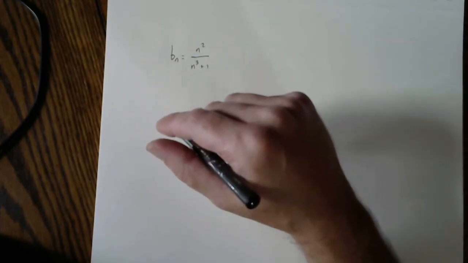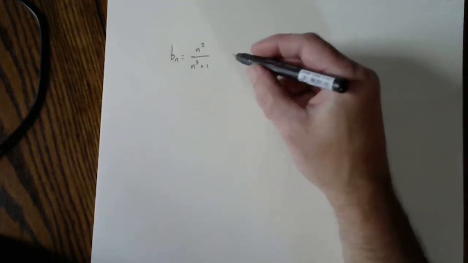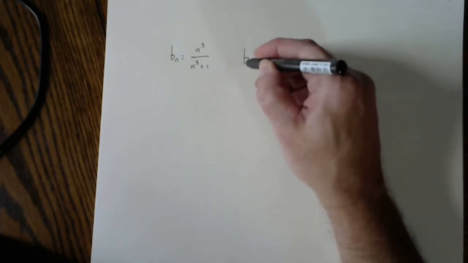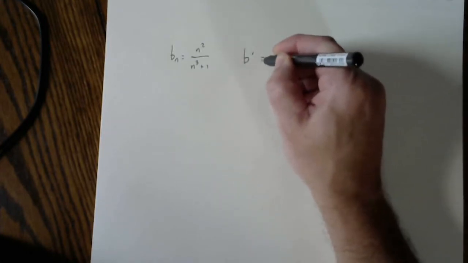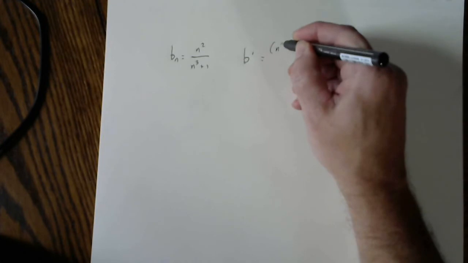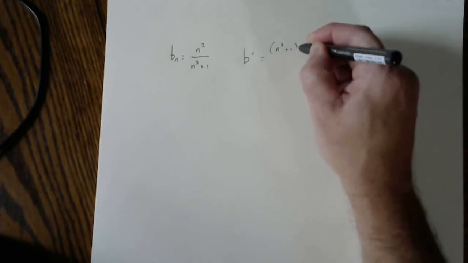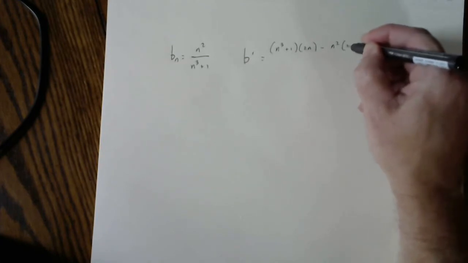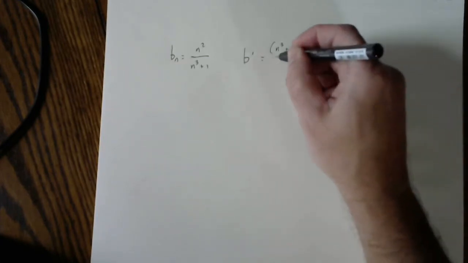All right, remember that? So let's see what this would look like. If this is a continuous function, I'm just going to call this b prime. I'd have the bottom times the derivative of the top minus the top times the derivative of the bottom, over the bottom squared.